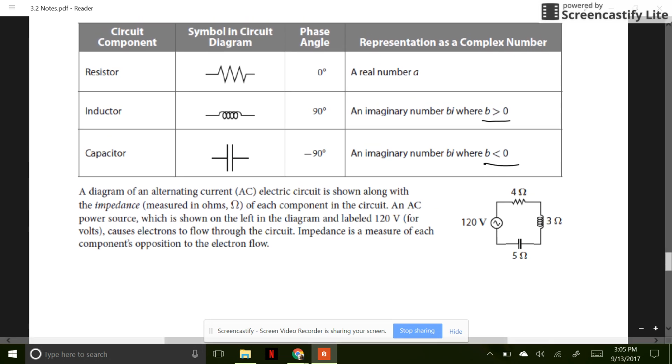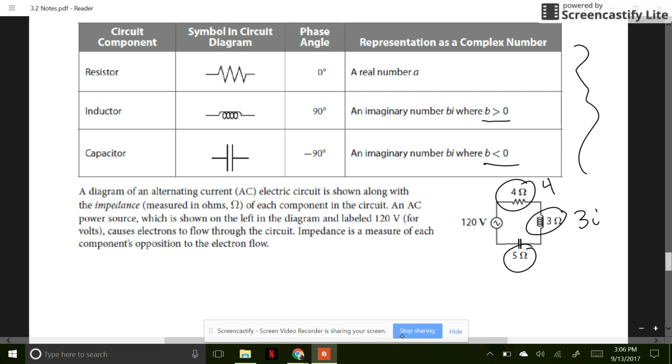So if we look back up here at our table, at all of our different pieces here, this is a resistor. So it's got a resistance of 4. This piece over here is our inductor. So in its imaginary number, this 3 represents the b. So it's 3i. And with the inductor, b has to be greater than 0, so that's why it's a positive 3.